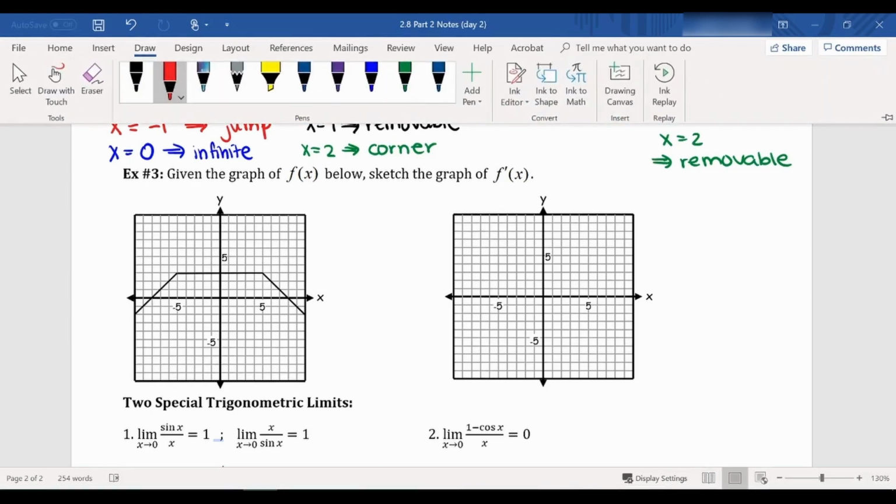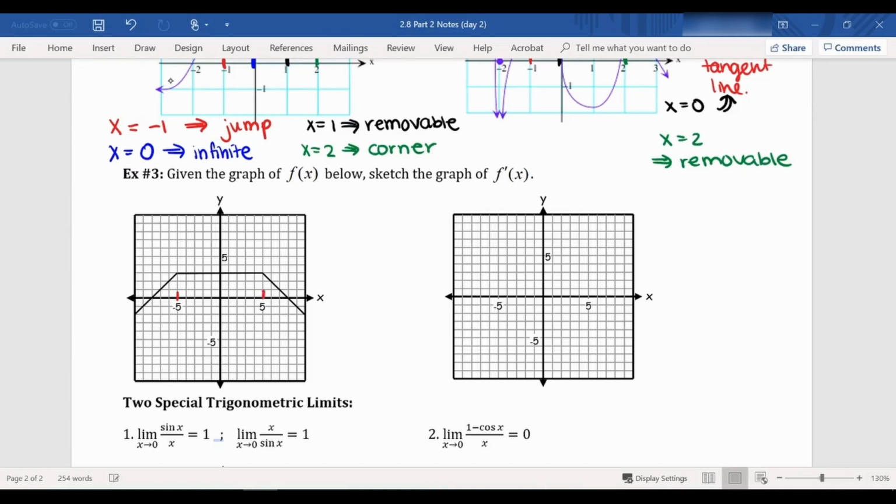First we see that we have two parts where it looks like we have corners. So here and here at x equals ±5, we have corners. That means f prime does not exist. It's not possible to differentiate at those two.